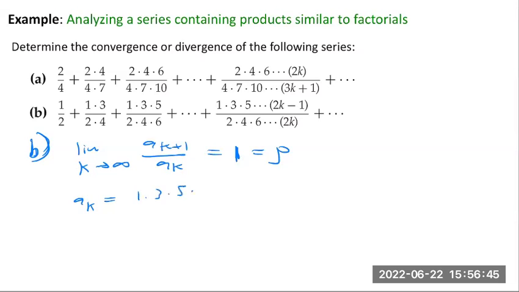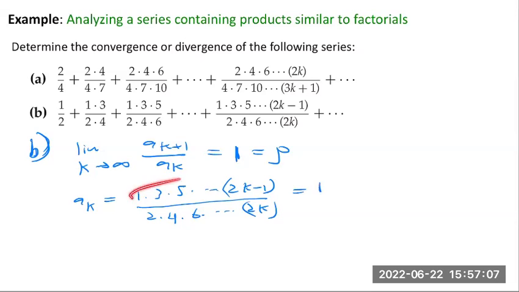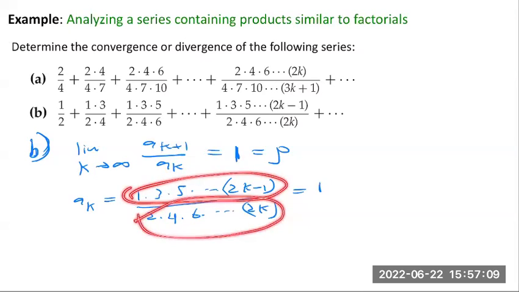3 times 5 times, all the way up to 2k minus 1, divided by 2 times 4 times 6 times, all the way up to 2k. What I'm going to do is rearrange the terms of this. These are products, right? In the top you have a product, in the bottom also you have a product.